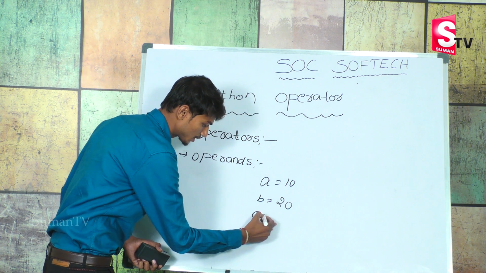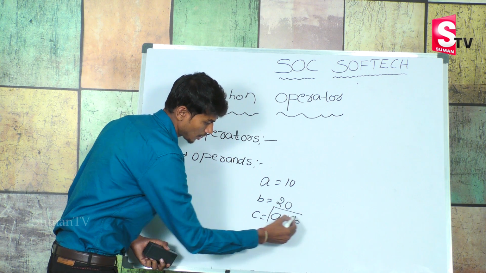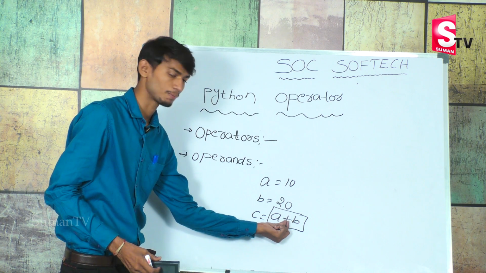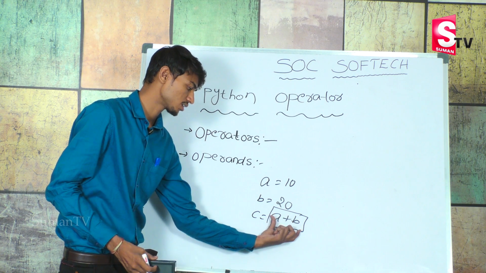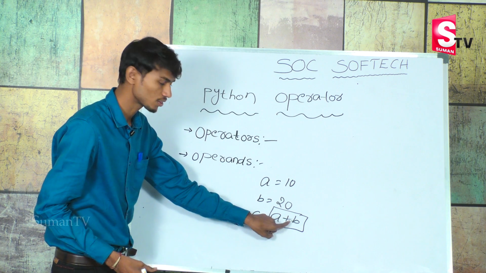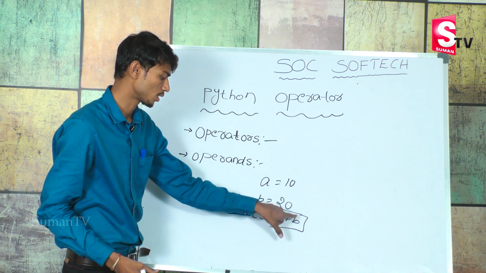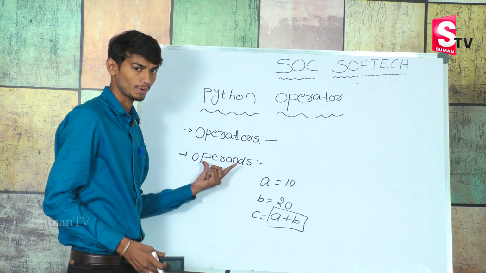So we can do C equal to A plus B. Just imagine this is the addition of these two numbers, right? This operation is done by the plus operator. So here we have two data, A and B. These are the two data, so we can call them operands. Whatever the operators operate on, whether data, variables, or constants, those constants, variables and expressions we call operands.